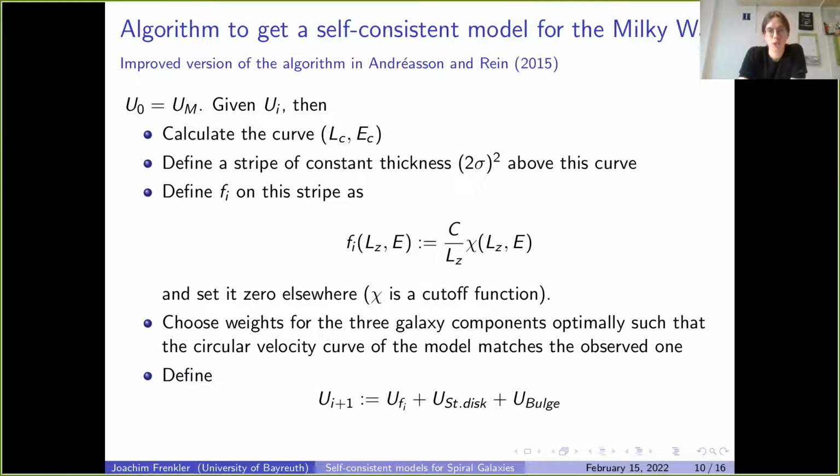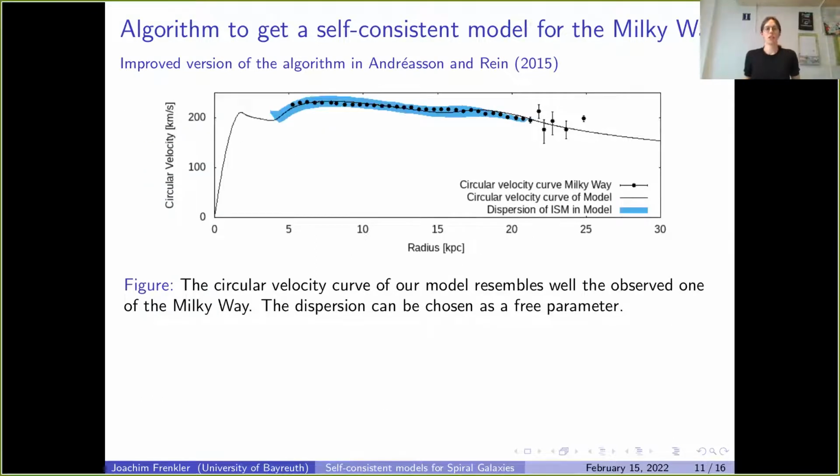The first question that we should ask is: in each step of the algorithm, we tried to reproduce the circular velocity curve of the Milky Way. Did we manage to reproduce this curve? The answer is yes. This algorithm produces a circular velocity curve that resembles the one of the Milky Way quite well.